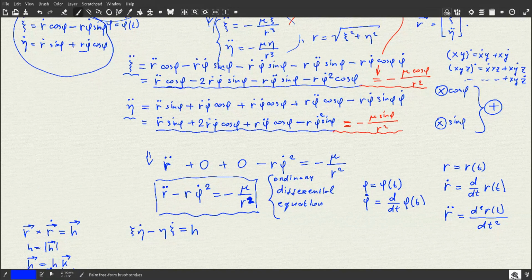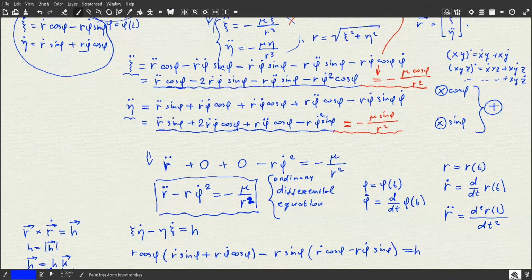Looking at these expressions for psi and eta dot, it would be r cosine phi times eta dot, which is r dot sine phi plus r phi dot cosine phi, minus eta, which is r sine phi, times psi dot, which is r dot cosine phi minus r phi dot sine phi, all equals h.